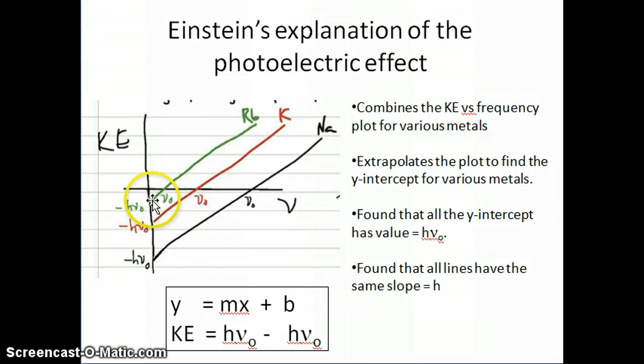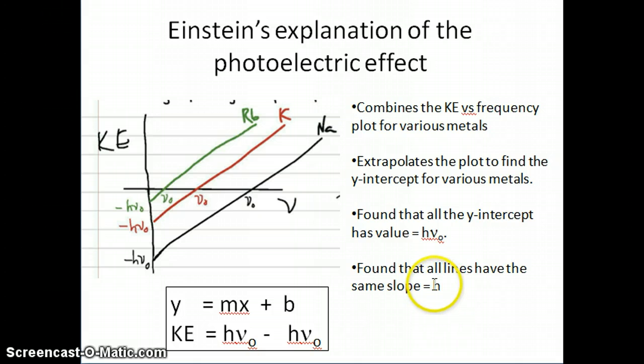Not only that, if he looked at the slope, you can see that all these lines have the same slope. They all are oriented the same way. When he looked at the slope of this line, he realized that all the slopes are equal to the value of h, which is 6.626 times 10 to the minus 34 joule seconds.